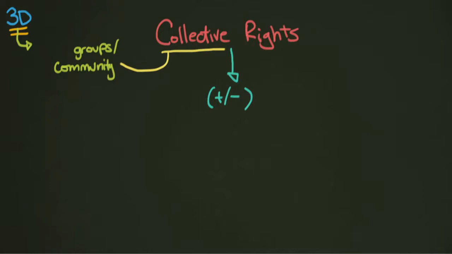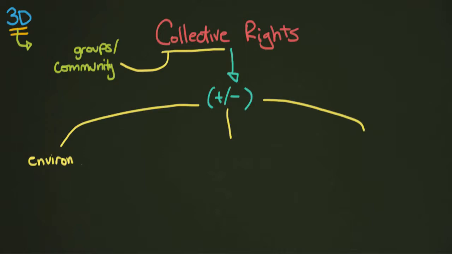So, what does all of this mean? What are these collective rights? Well, if you take a look at them, I think it's kind of easy to divide them into these three groups. There might be other groups that you might add, but I would say you want to think of them as being about the environment, being about development, and being about peace.